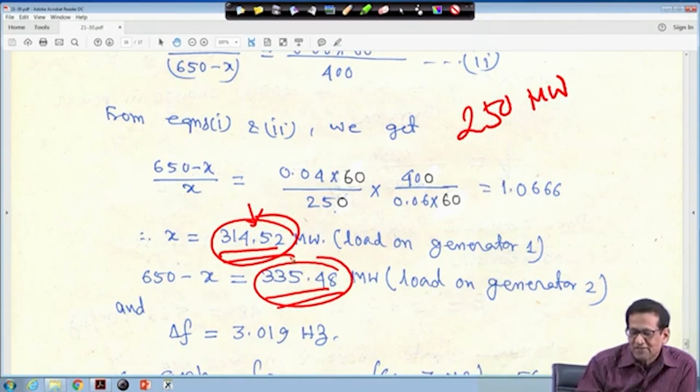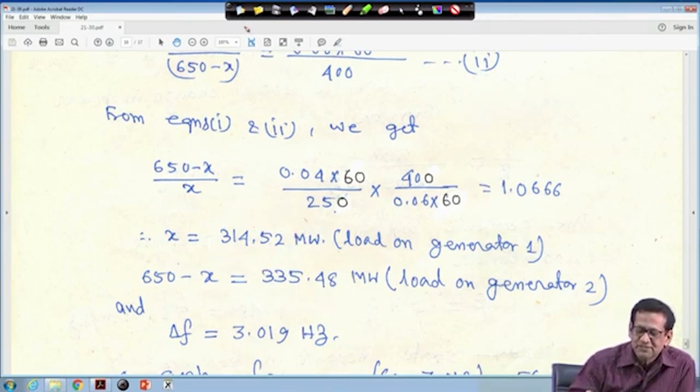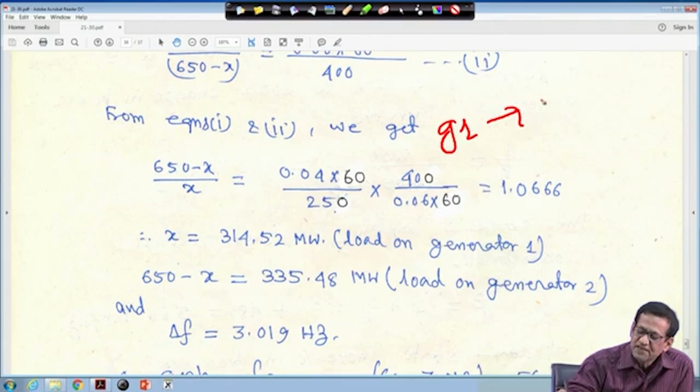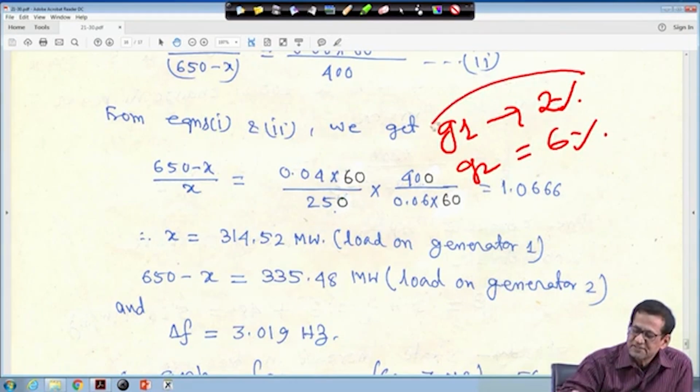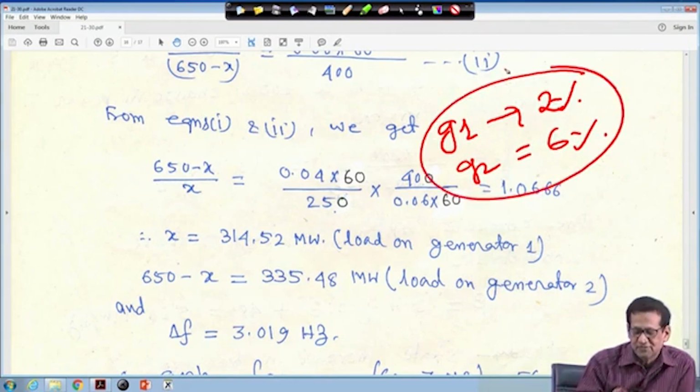I suggest that when you solve this problem, you consider other cases too. Say for generator 1 you take 2% and for generator 2 6%, and solve this one; you will get one set of solution for the two generators.